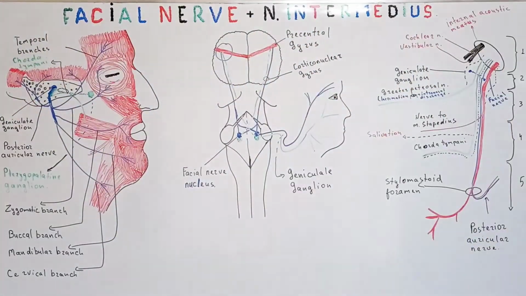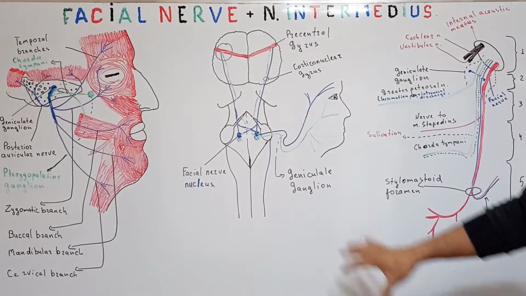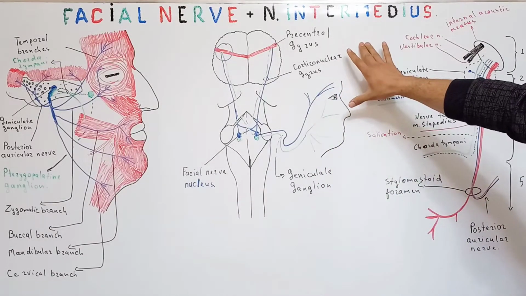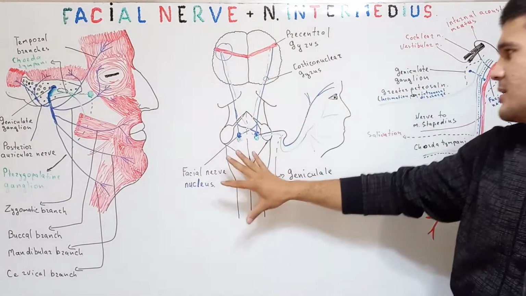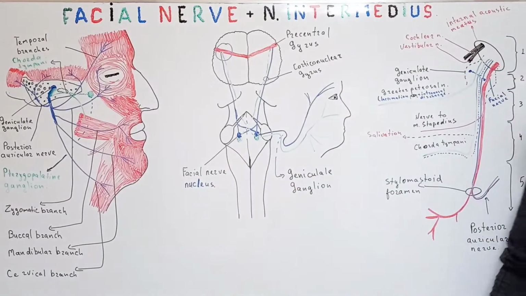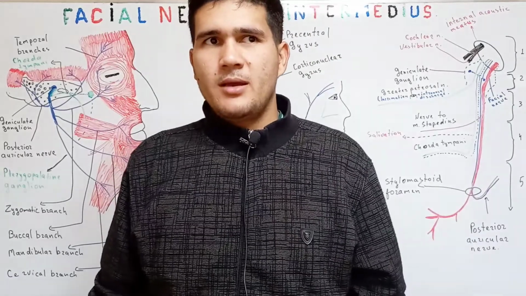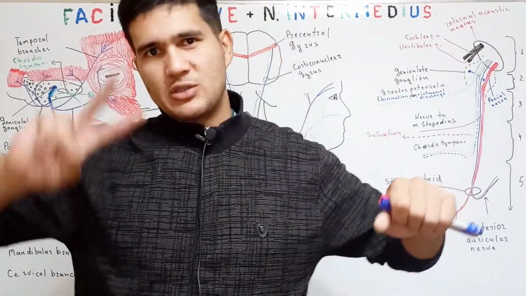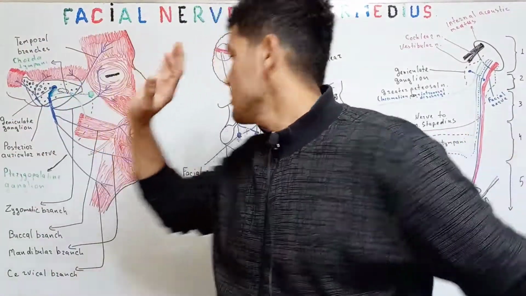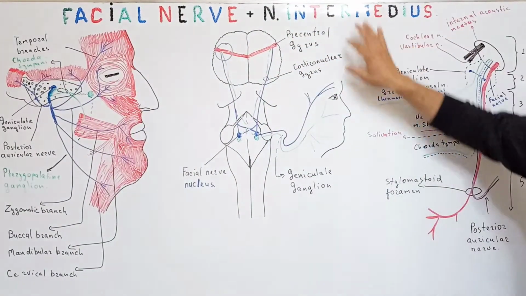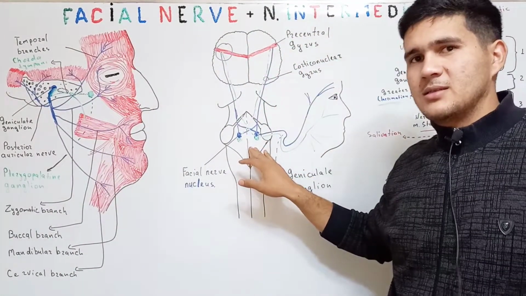Okay, now the next information is about the connection between the hemispheres and the brainstem. You know, the facial nerve is a pure motor nerve, and it has two neurons: primary motor neurons located in the precentral gyrus and secondary motor neurons located in the brainstem.